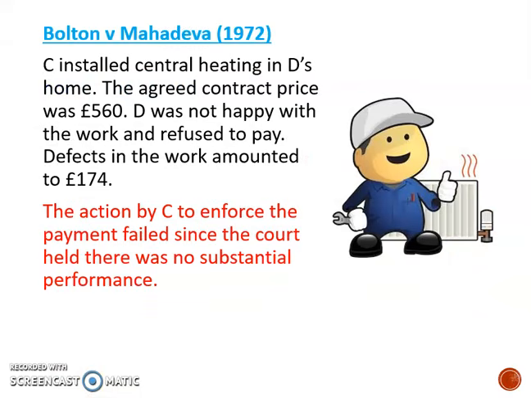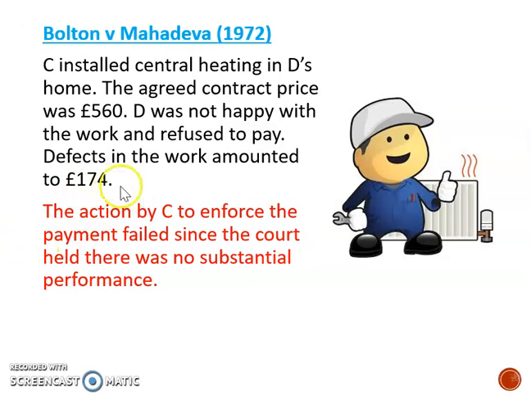We always compare the case of Honig and Isaacs to Bolton and Medeva, and here our claimant was installing central heating and the contract price was £560. Again, like Honig, there were some defects, and these amounted to £174. Now here, the action by the claimant to enforce the payment failed because the court said that there wasn't substantial performance.